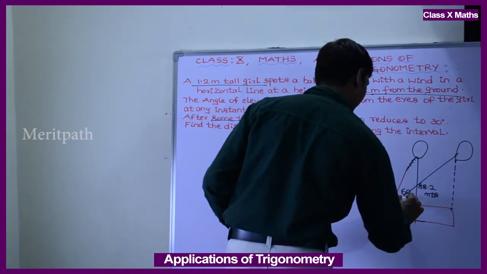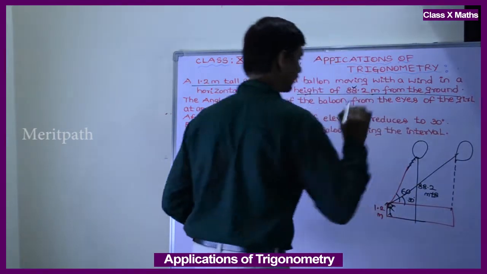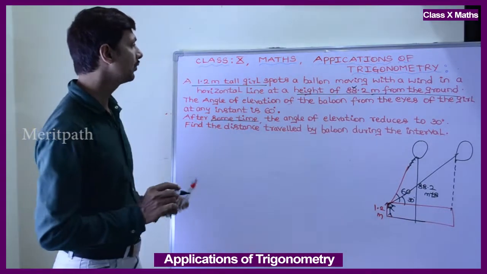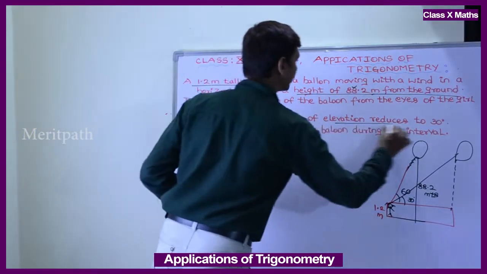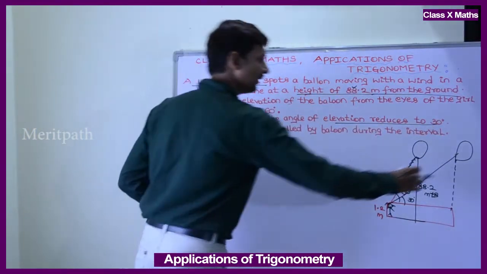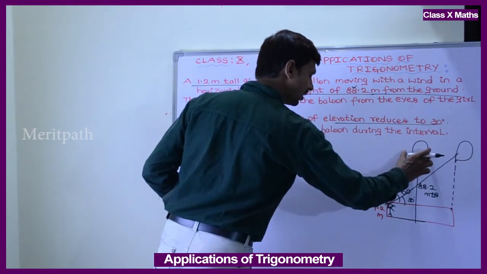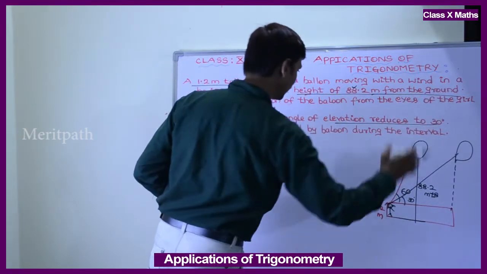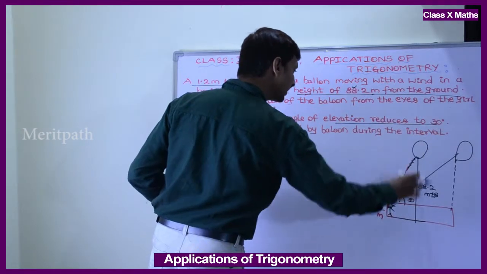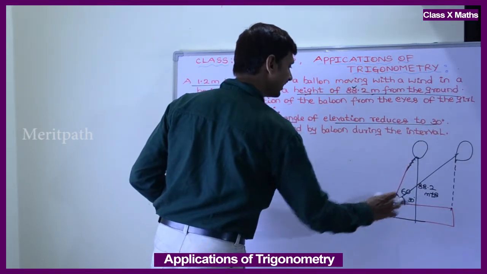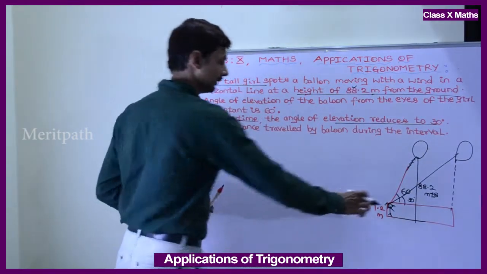So the angle of elevation reduces after the movement of the balloon from here to here. It's 30 degrees, and at the starting it made a 60 degrees angle with the girl.